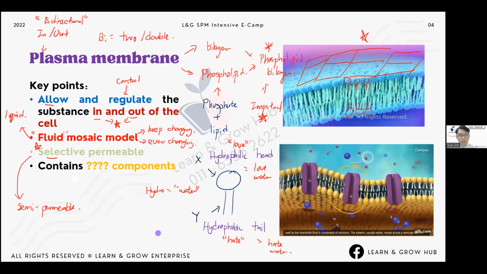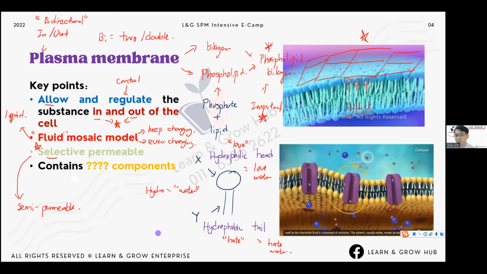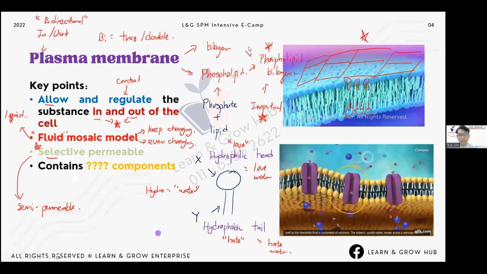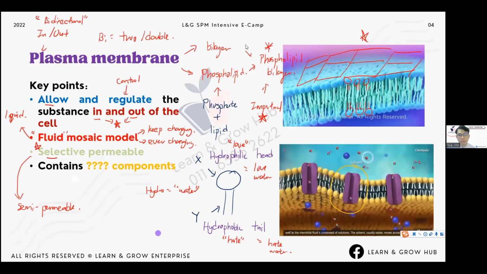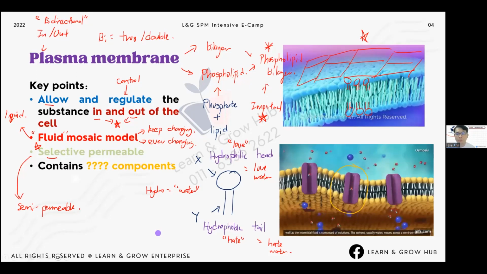Can anyone answer it? Any good student here? What is the thing that I highlight for this one? Anyone know what is this? The purple substances.